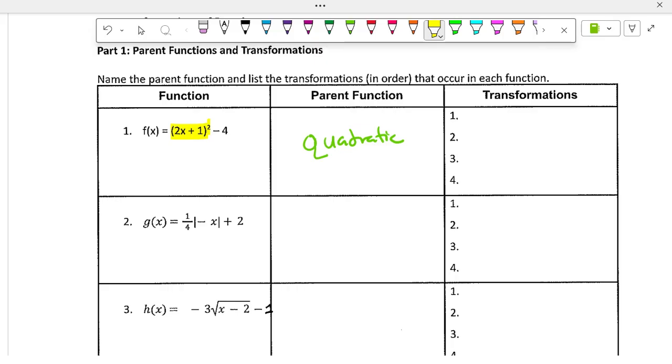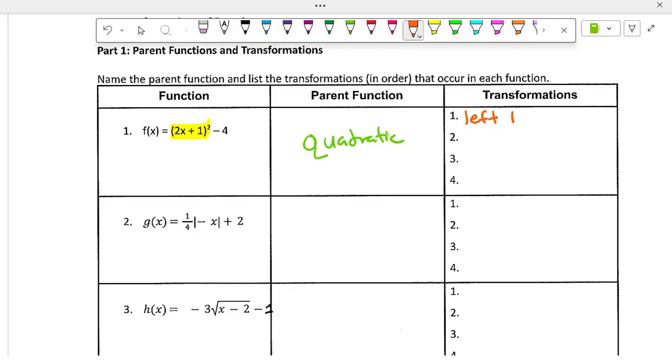Inside? Okay, so the brackets are right here. So it'd be 1, because you're adding it. Translations, you're always adding or subtracting something. So it's +1. Autumn, what does that mean in layman's terms? If it's +1, then go left 1, because it's really a negative. Good. So left 1. That's the first thing you do.